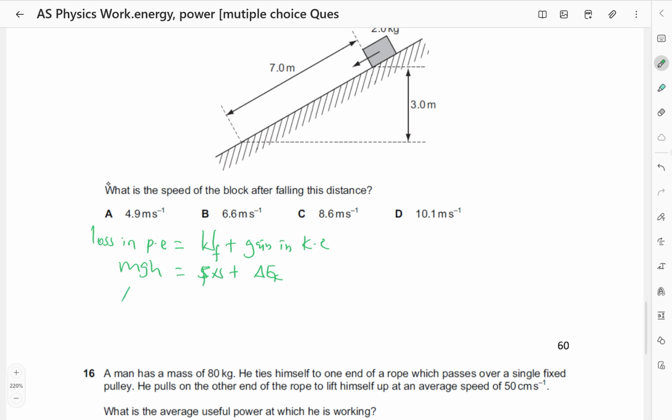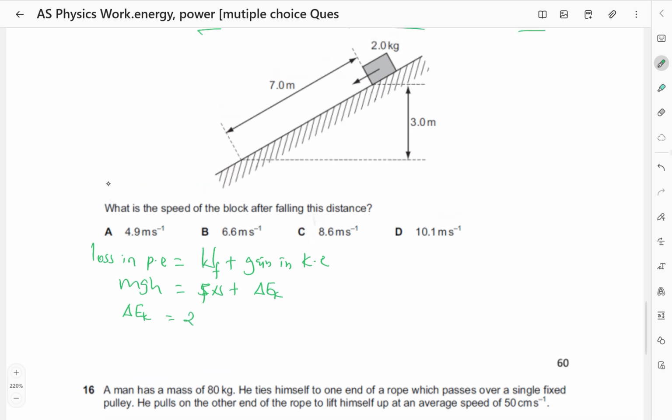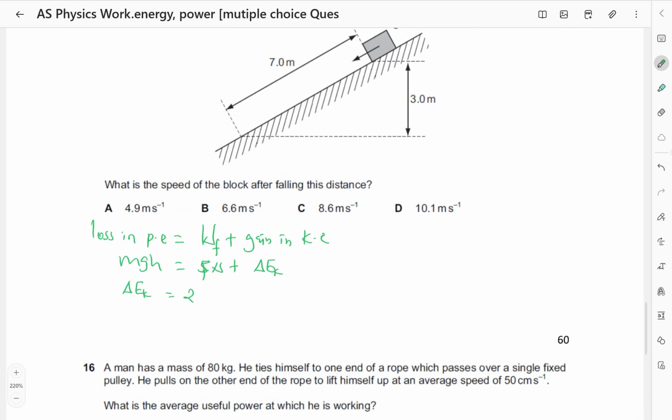So let's find the change in kinetic energy, which is mg, where m is 2, g is 9.81 and h is 3, minus the work done against friction, which is the force 5 times the distance 7 along the plane. Remember, kinetic energy is a half mv squared.